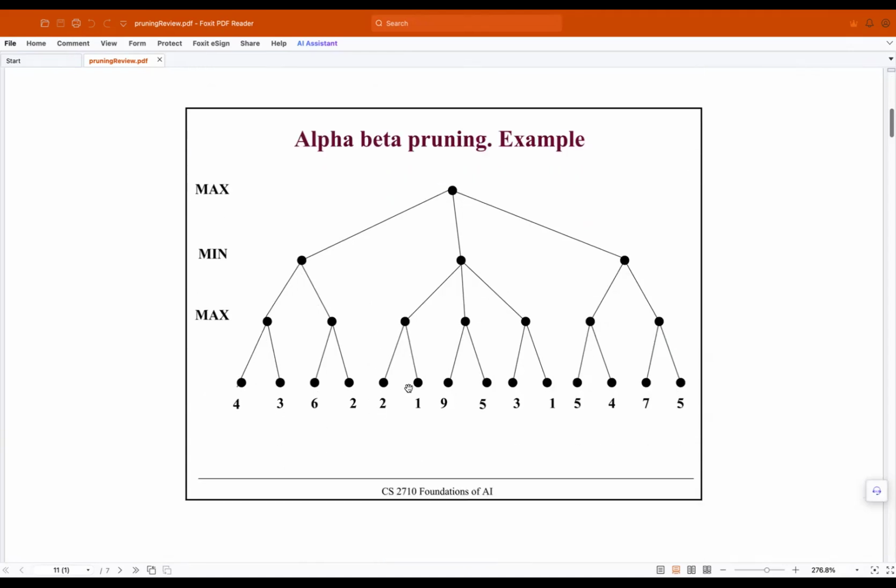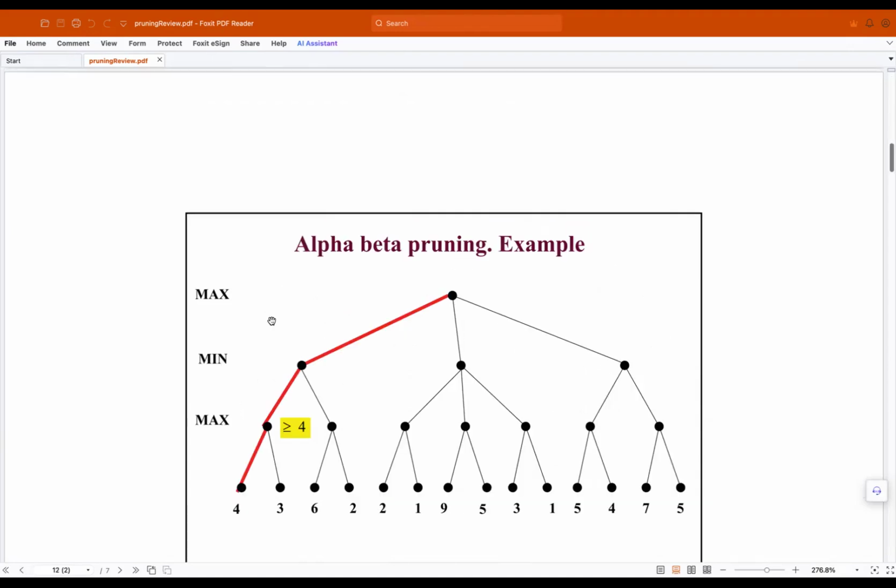Here, remember we said at the beginning we are going to go all the way down and then we'll keep track of the values that we have. So for a start, we do depth first search until we get to the end. So here we see a 4. Before we consider this other child, we just have an idea to say at the maximizing node, since we are trying to pick the maximum value, we expect at least a 4.